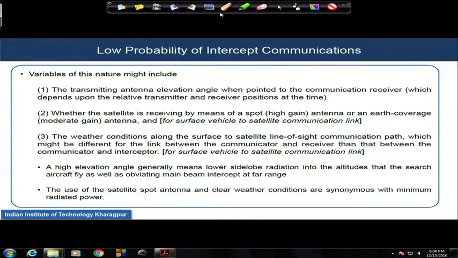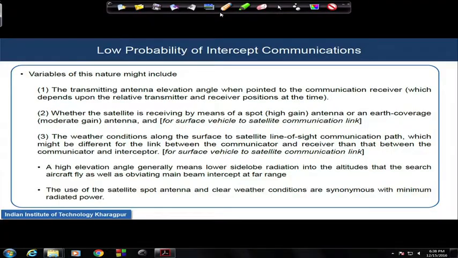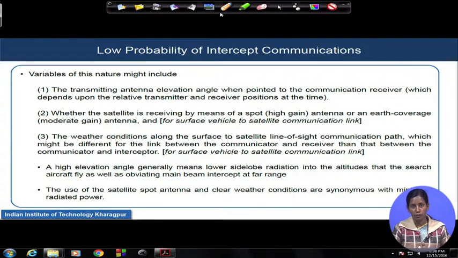And at the same time, with high elevation angle antennas, the main beam intercept at far range will also be obviated. It is not possible for an aircraft to intercept your main beam signal in that situation. So in a gist, we can say that pointing at a high elevation angle towards your receiver can give you a low probability of intercept solution.